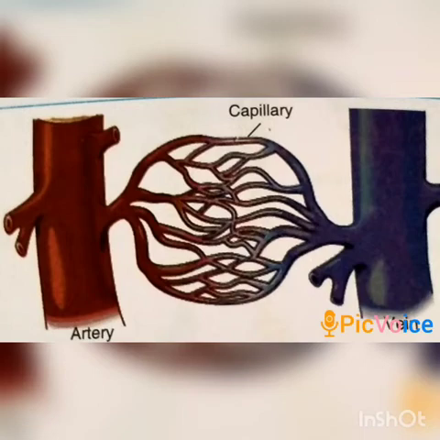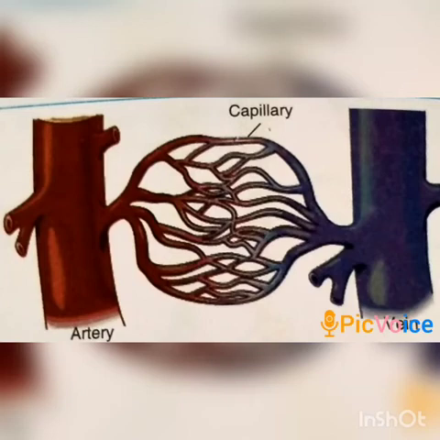The blood enters an organ through the arteries, gets distributed, collects various substances from that organ, and then moves out of that organ through the veins.